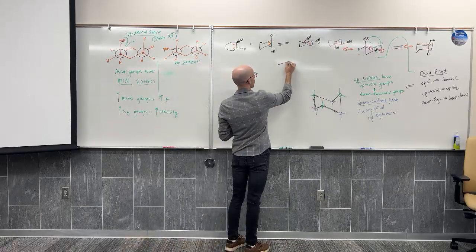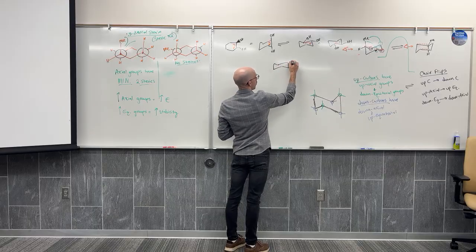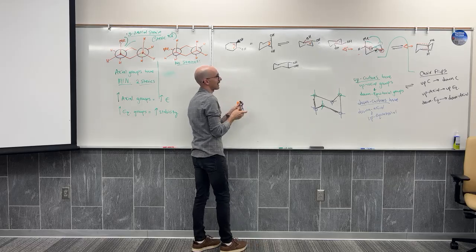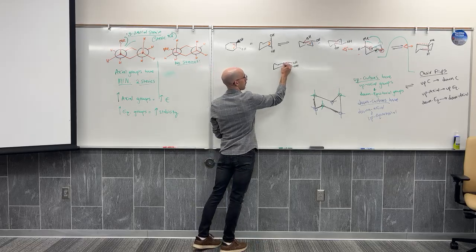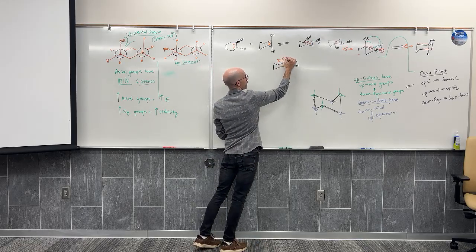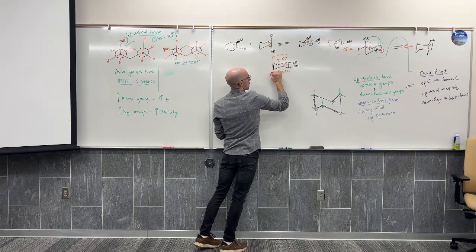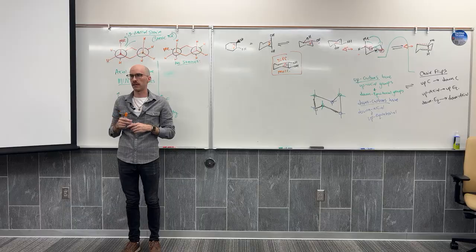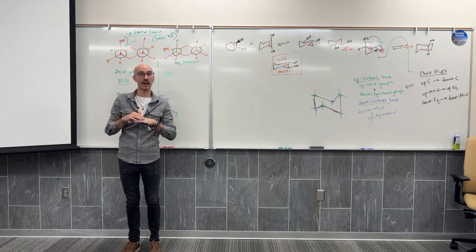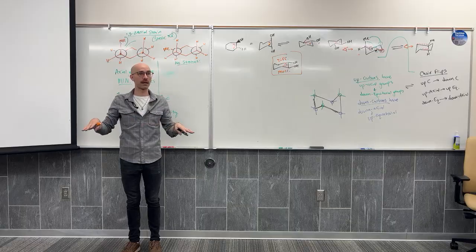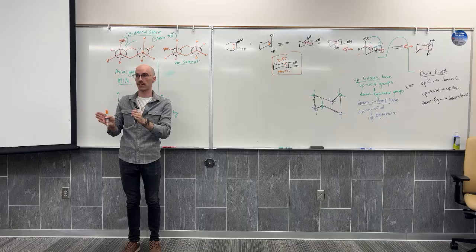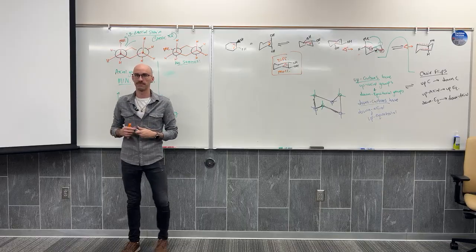If you were to draw a chair conformation here where you went from up to down counterclockwise, that's a different molecule. And we're going to prove that in our next 2 lectures. But I want you to start paying attention to it now. You cannot throw these groups into the ring however you'd like. They have to maintain relative position next to each other. All right?